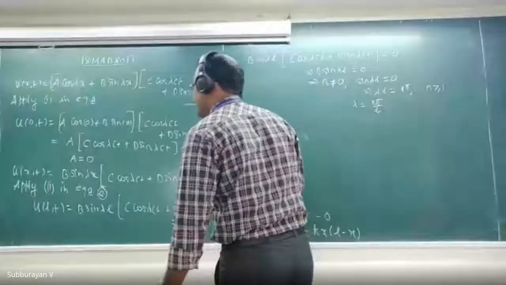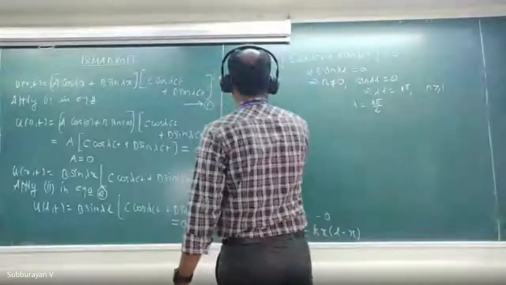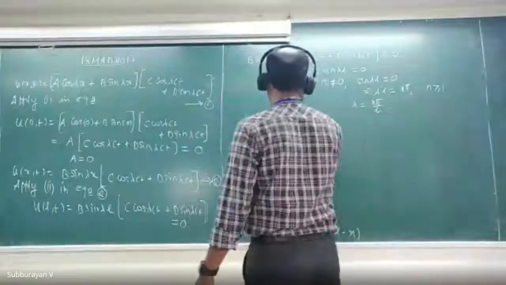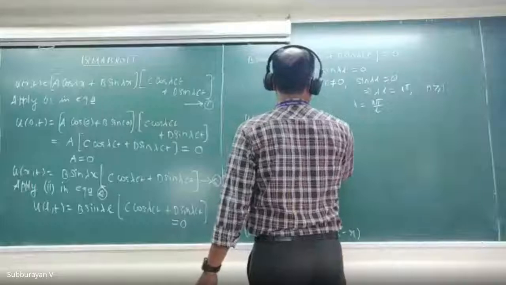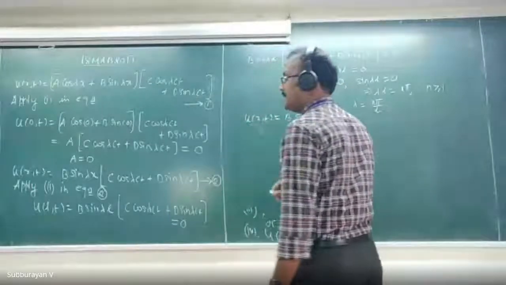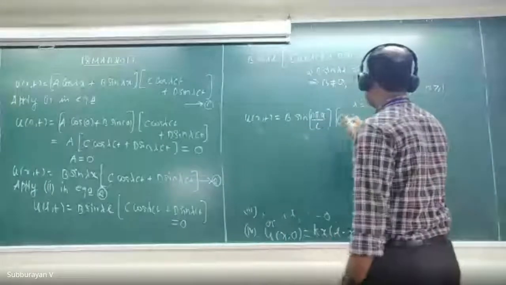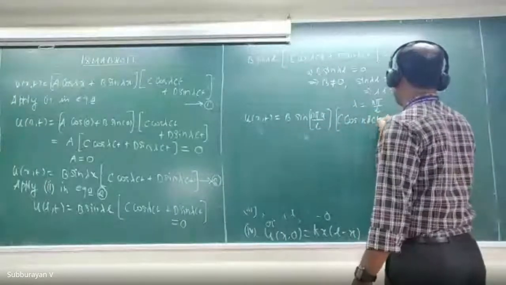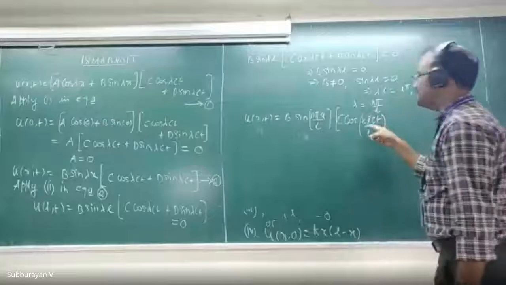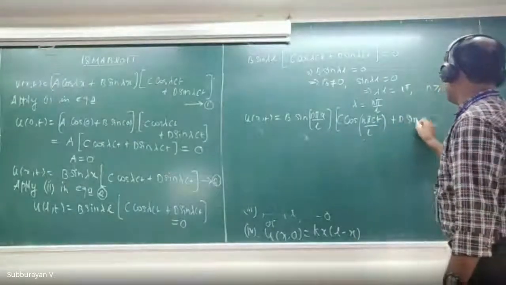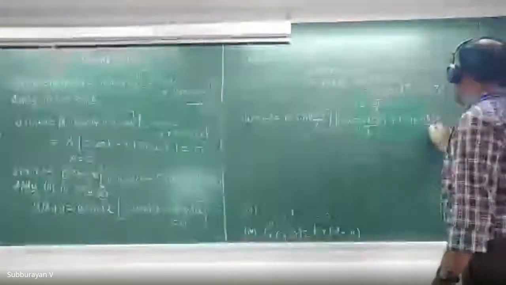Therefore, equation number 2 reduces to u of x comma t equal to b sine n pi x by L, into c cos n pi ct divided by L plus d sine n pi ct divided by L.